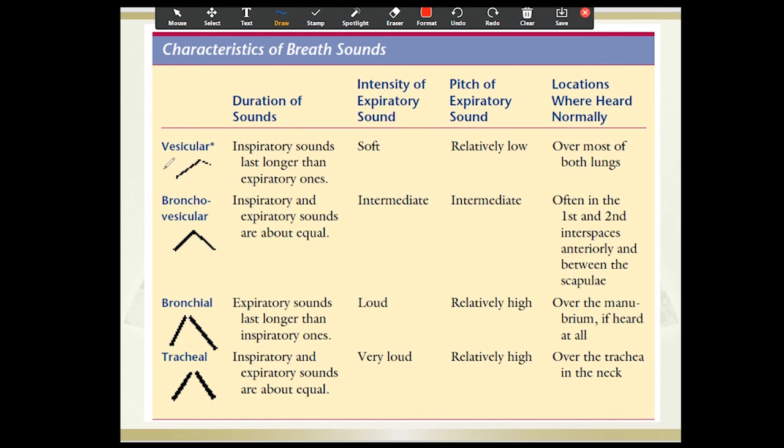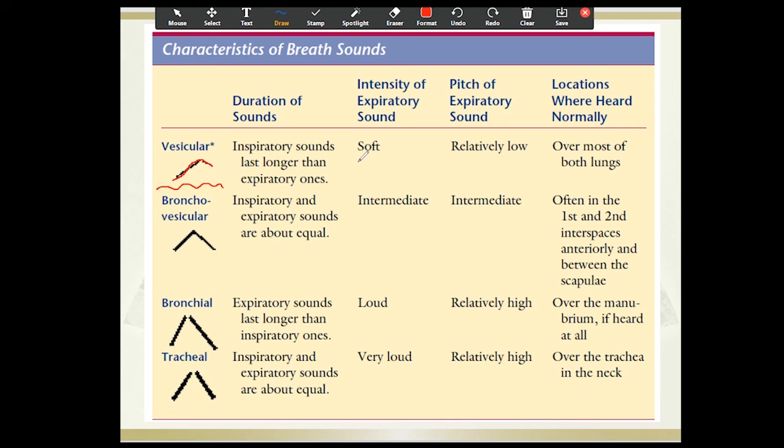So we're talking about the vesicular sounds first. Vesicular sound is the breathing in sound and the breathing out sound. Breathing in, let it be longer; breathing out, let it be shorter.